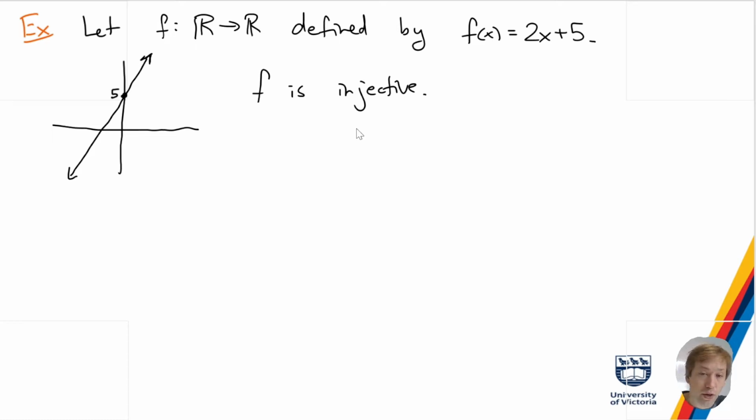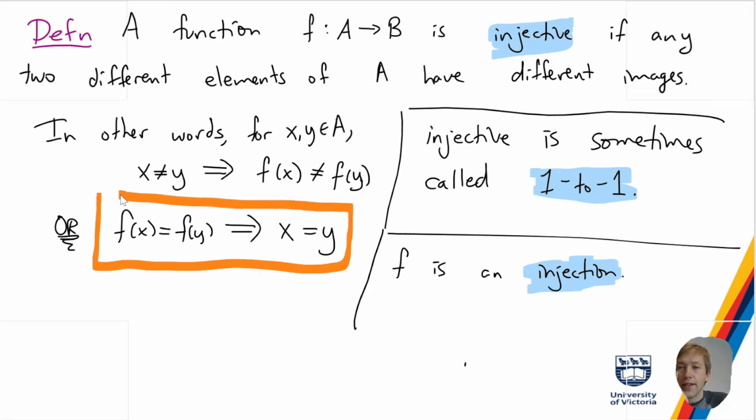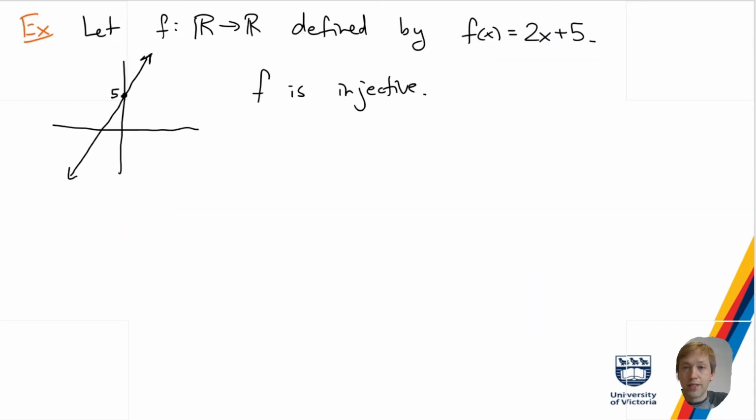To prove this, I want to go back on the previous slide to this statement here. We said that a function is injective if it holds that whenever f of x equals f of y, then x equals y. In a lot of cases, this is the easiest way to show that something's injective.